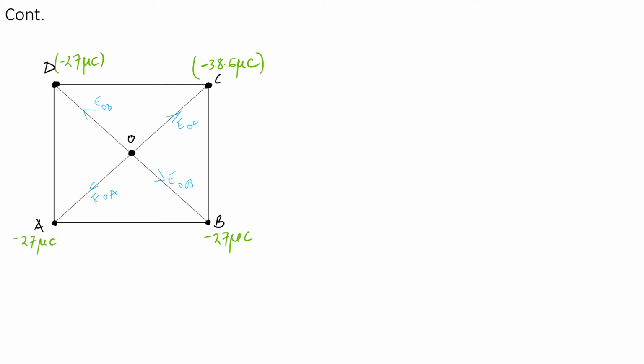Now we are going to find the net electric field intensity at O. So when you look at E, we have already seen that we have vectors in line. EOD is in line with EOB, but you realize that they are in line, opposite direction, but they are equal.